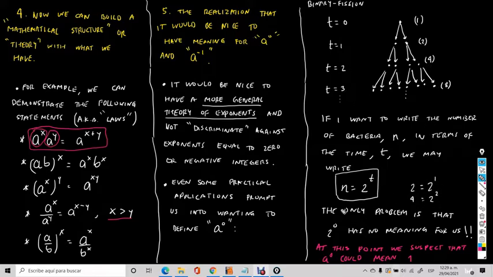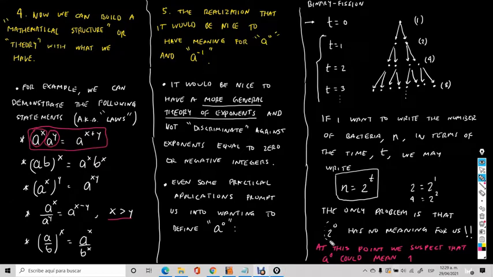The only problem, guys, is that you cannot go backwards. I mean, this formula makes sense from this point downwards. Because 2 to the 0, which would account for this first step, 2 raised to the time 0 this time, has no meaning for us.